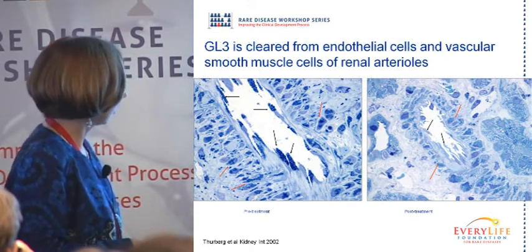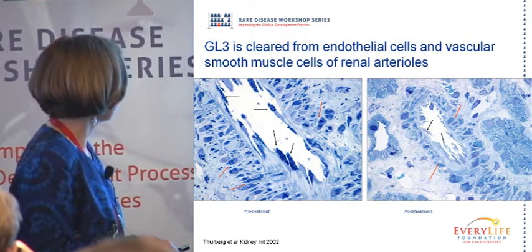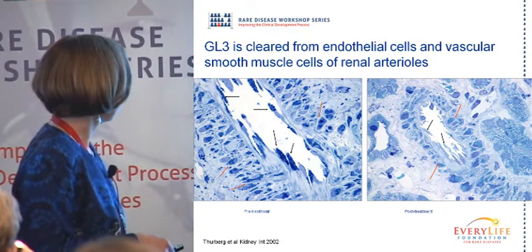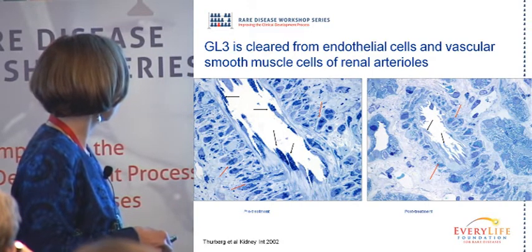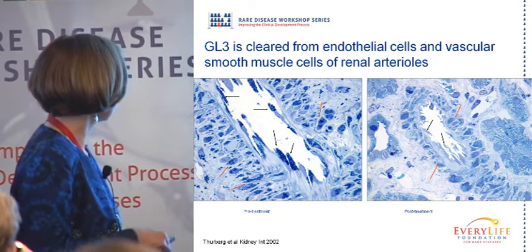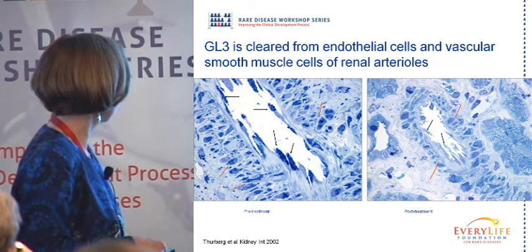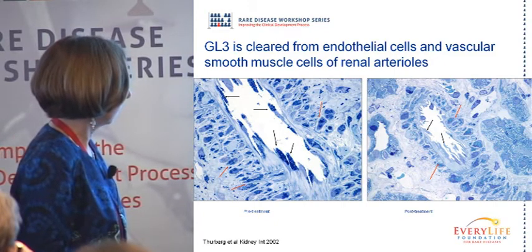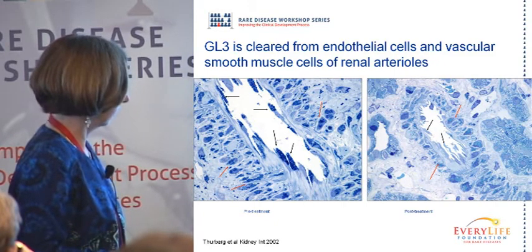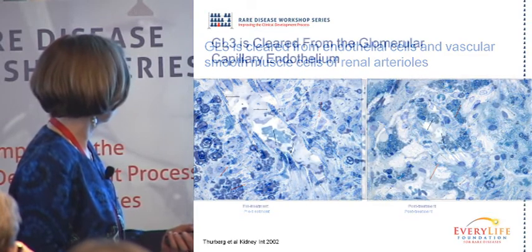We also looked at larger vessels. We looked at the endothelial cells of small arteries. You can see, again, heavy GL3 load here. We also looked at the accompanying smooth muscle cells around them, and they also had very heavy GL3 load. And post-treatment, we got nice clearance in both of those compartments.